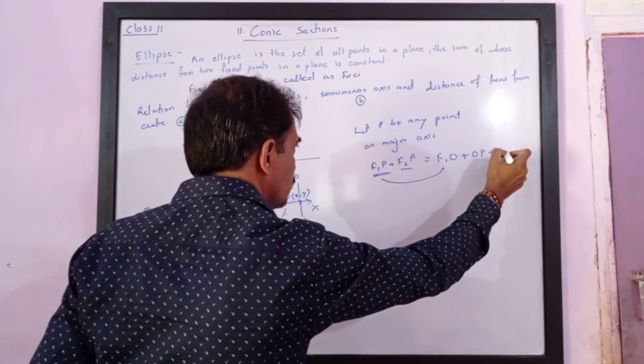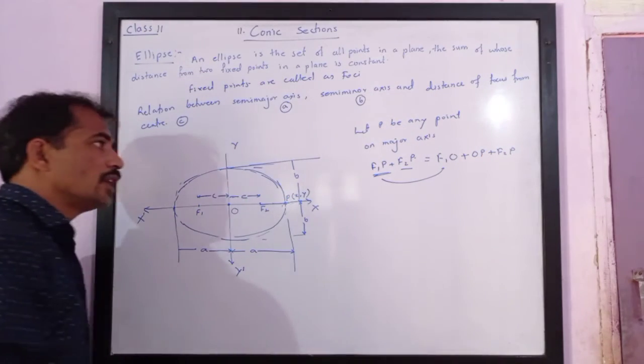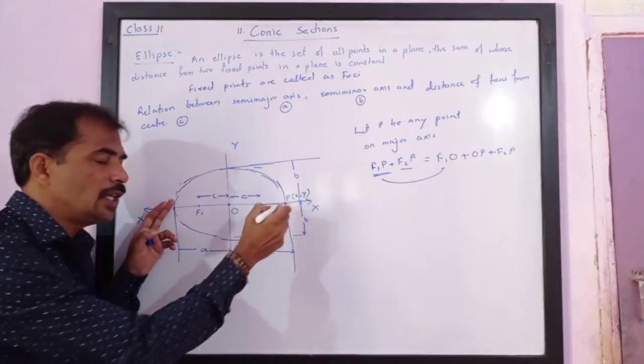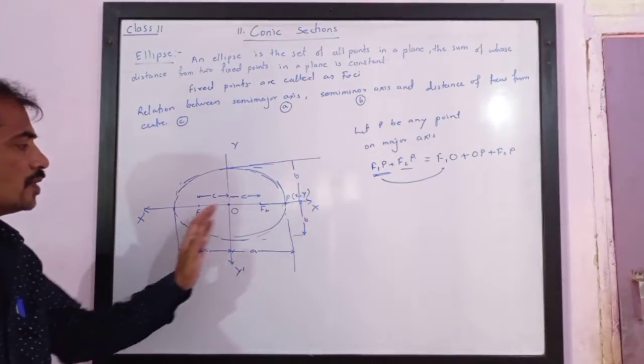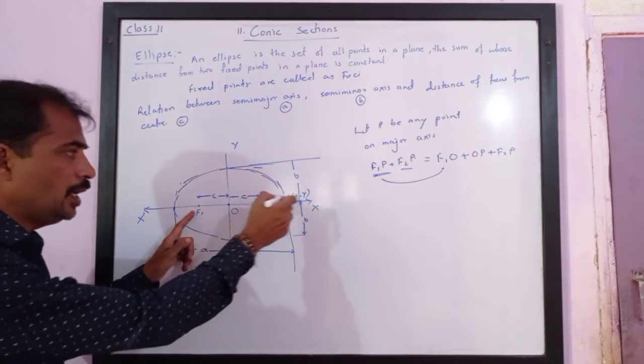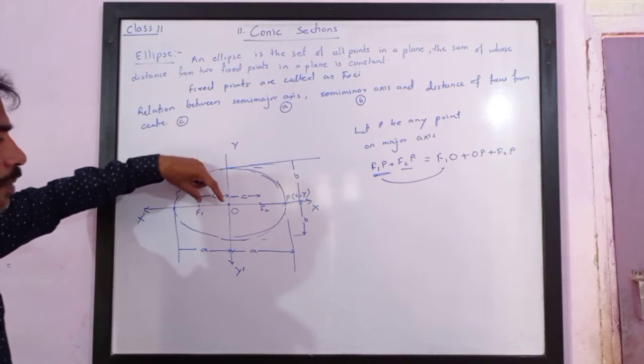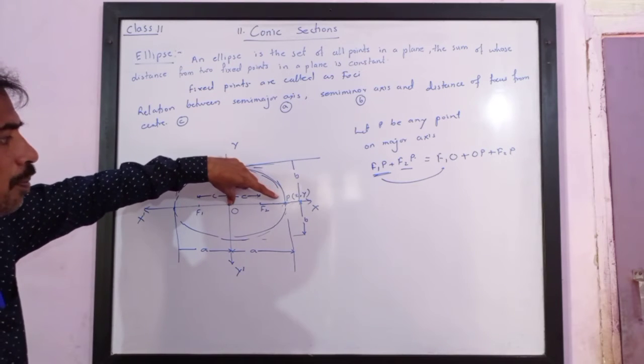Now look at the figure carefully. I am trying to find the distance of point P from the two foci, so it will be F1P plus F2P. F1P is nothing but F1O plus OP.